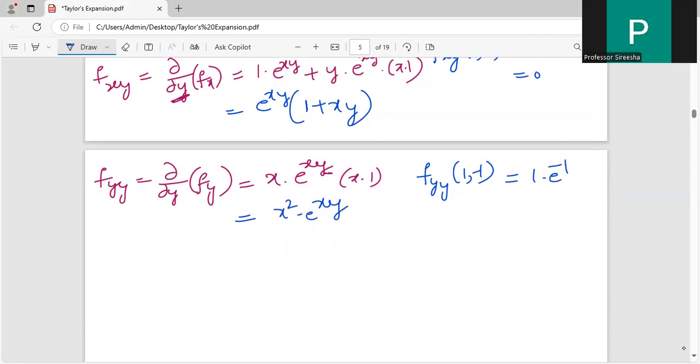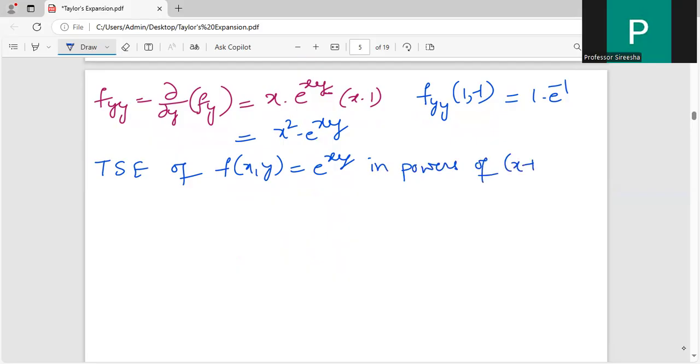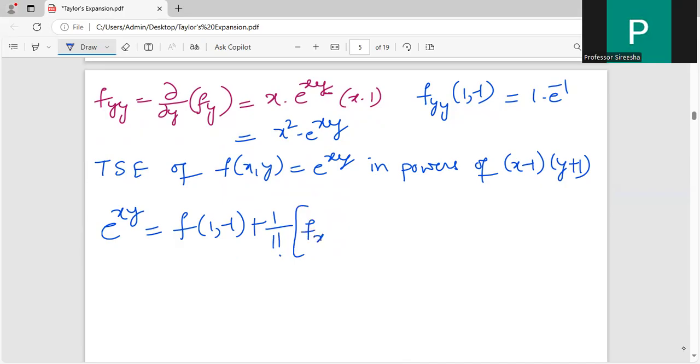Finally I'll write the Taylor series expansion. Please look at it. Taylor series expansion of f(x, y) = e^(xy) in powers of (x minus 1) and (y plus 1) would be: e^(xy) equals f(1, -1) plus 1 by 1 factorial into [(x minus 1) into fx at (1, -1) plus (y plus 1) into fy at (1, -1)].